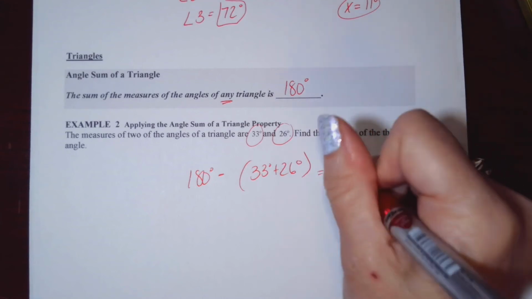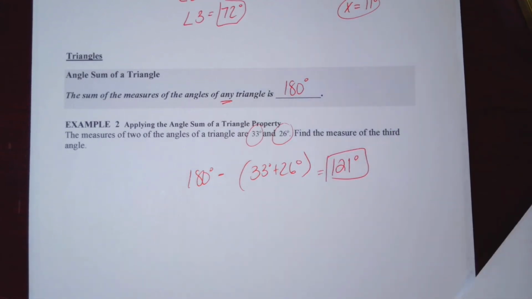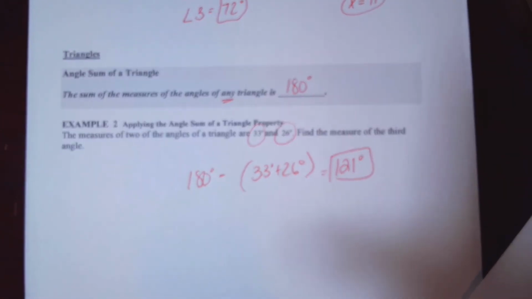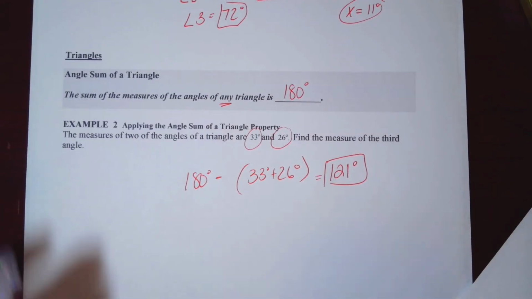So that 3rd angle would have to be an obtuse angle, 121 degrees. Because the sum of the 3 angles in any triangle is 180, I can always find that missing 3rd angle if I know the measure of 2 angles. Alright, let's look at the next page, still focusing on triangles and types of triangles now.